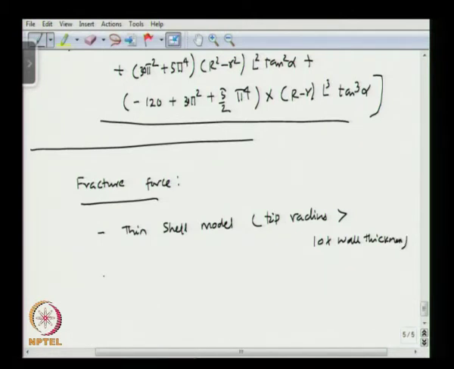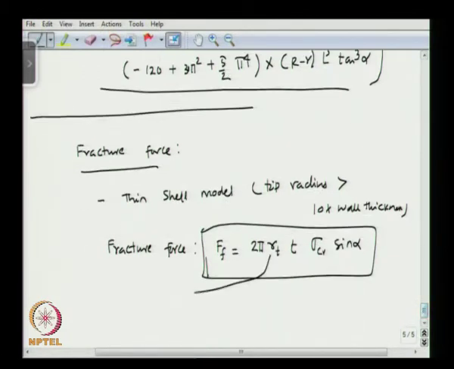Okay. So, in that case the fracture force Ff is given by 2 pi R T into T sigma critical into sin alpha.